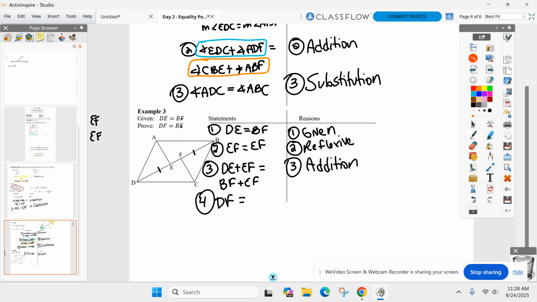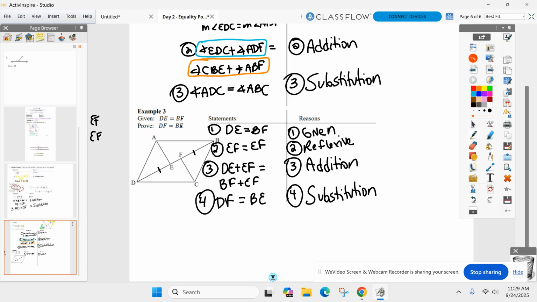And BF plus EF is the same as BE. Substitution. Do not add until you have two pairs to add together. If you only have one, find the other pair. Everyone good there? All right, let's go to the homework.